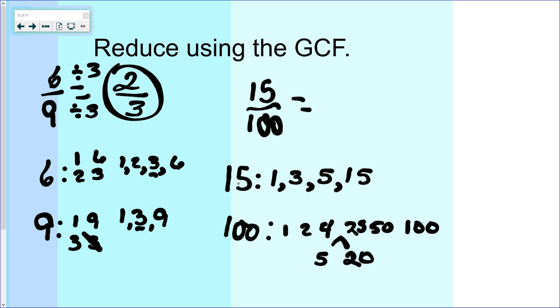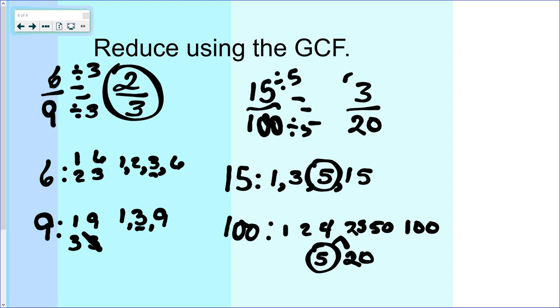When I look at 15, I can see that the highest number that's in common here then is 5. So I would divide both of these by 5. And when I divide them by 5, 15 divided by 5 is 3. And 100 divided by 5, then we get 20.